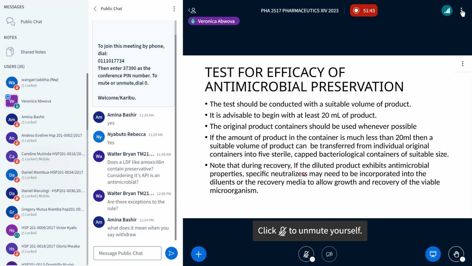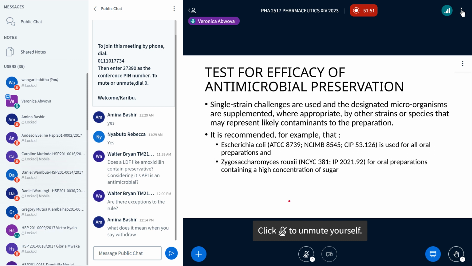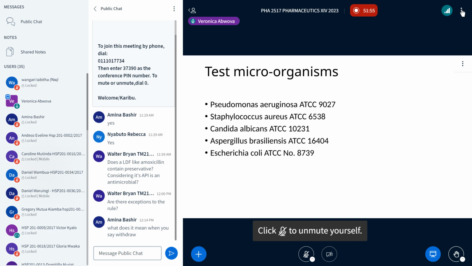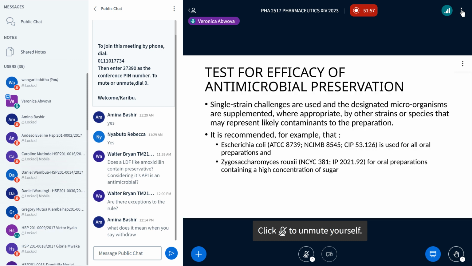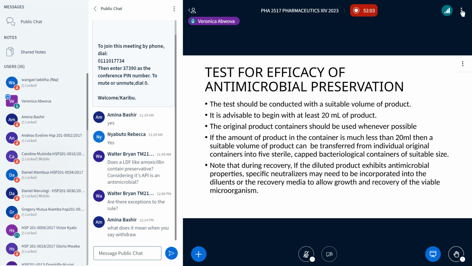You have a 20 ml product, you add your inoculum to it. These are the microorganisms we are using, and we are going to add them to our product that contains preservative. The expectation is that because the product contains preservative, these microorganisms should be killed.